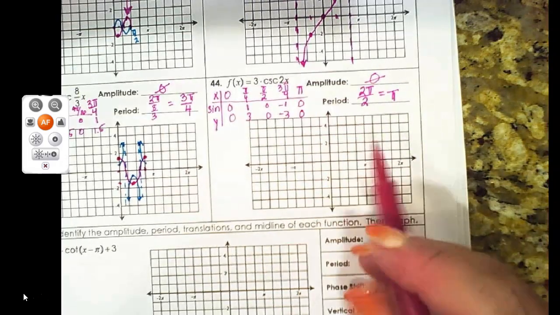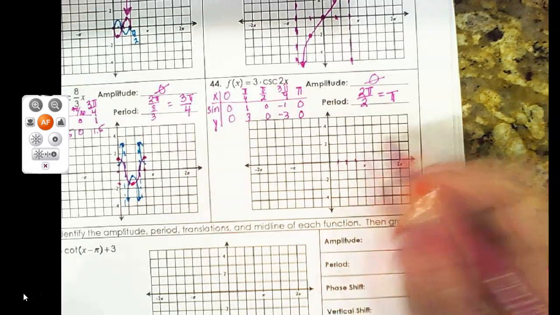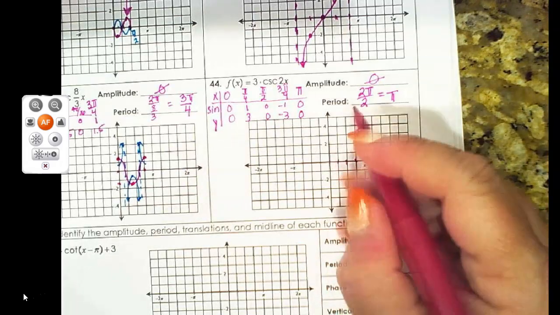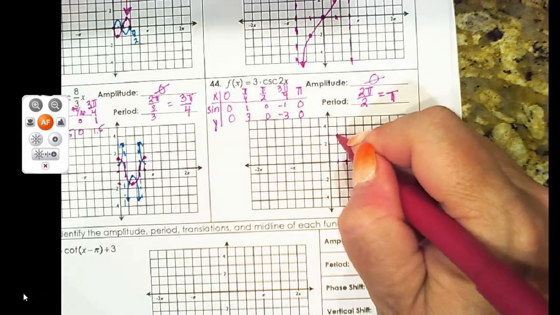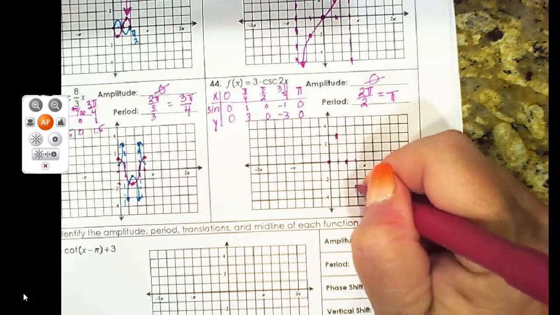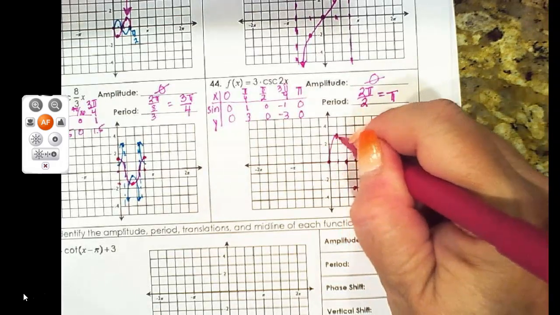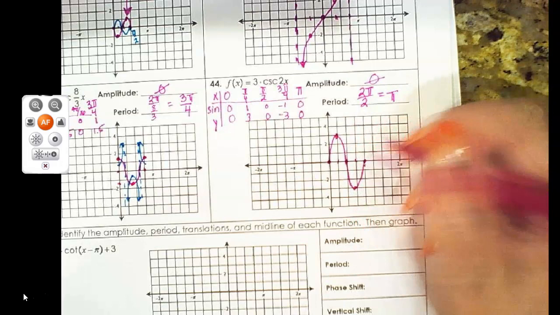So I'm squishing everything in here between 0 and pi, and here's my markings. So I'm going to go up to 0, 3, 0, negative 3, 0. So there's my sine curve.